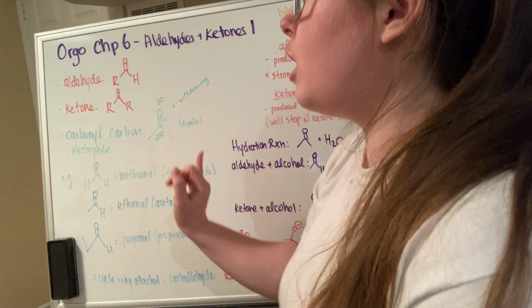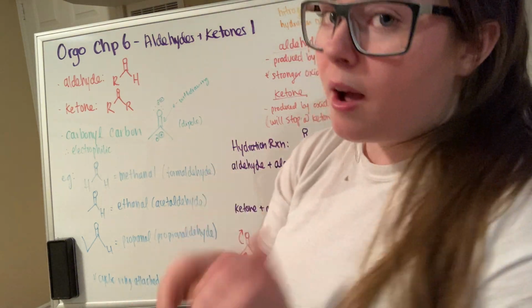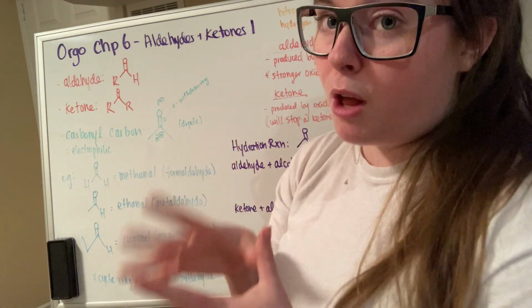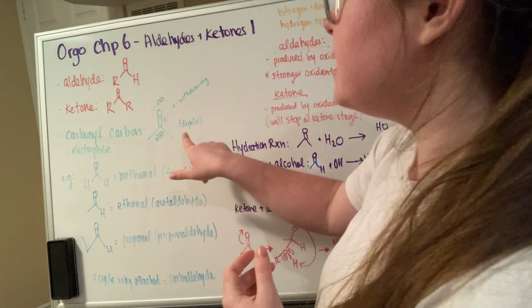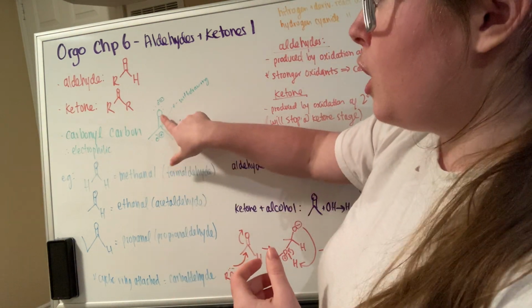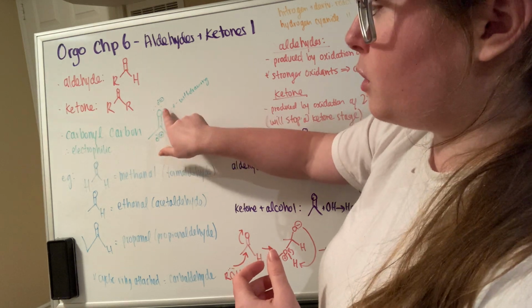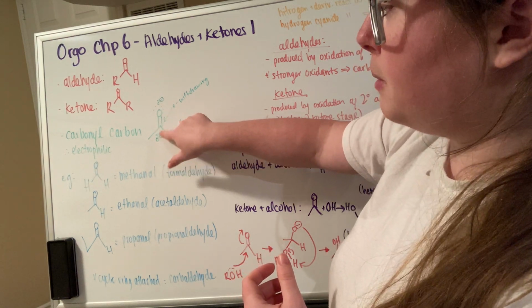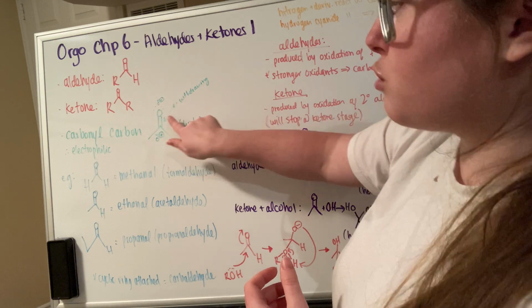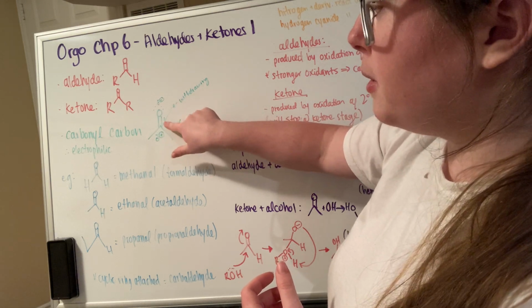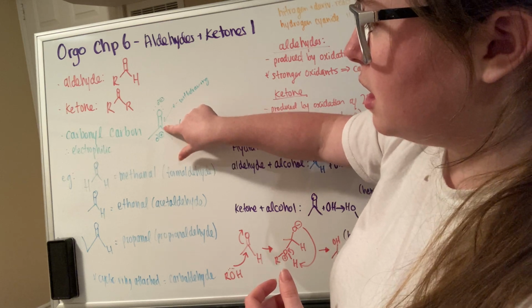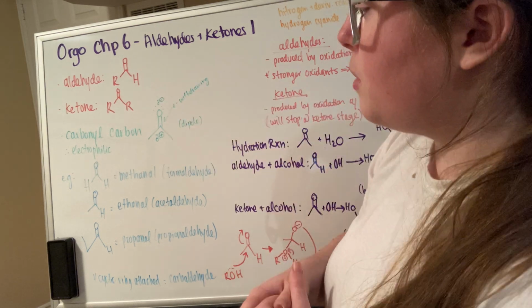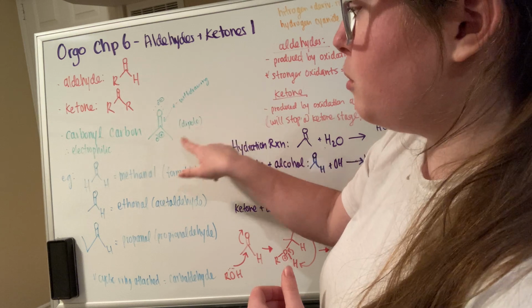And this carbonyl carbon is electrophilic. It's a very common electrophilic molecule that you will see on the MCAT. And this is because there's a dipole that's created with this oxygen. This oxygen has lone pairs, and this double bond to the oxygen creates an electron withdrawing group, right? Which causes these electrons to be pushed up a little bit, creating a dipole moment.